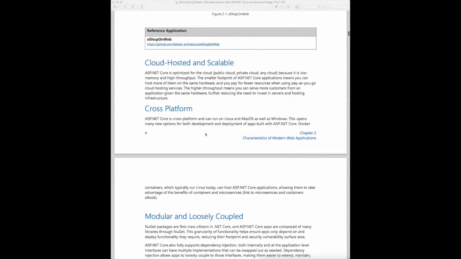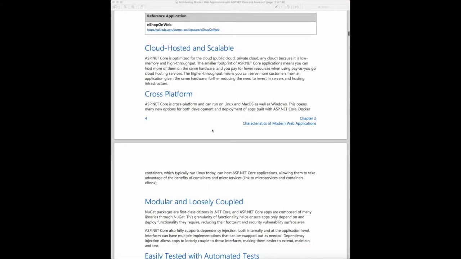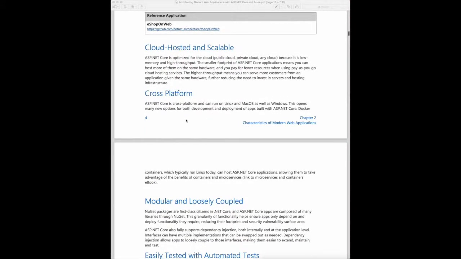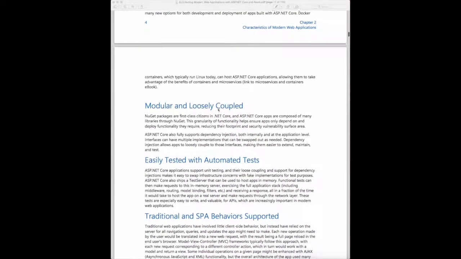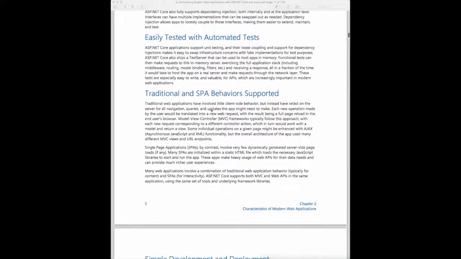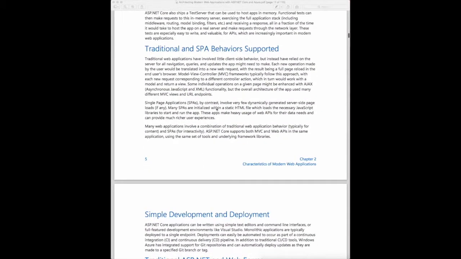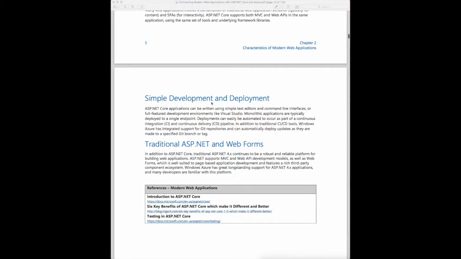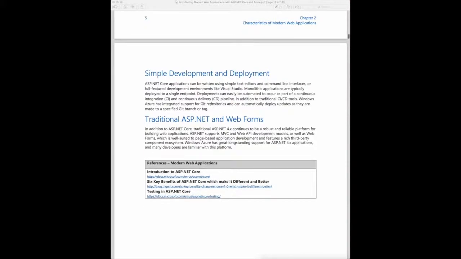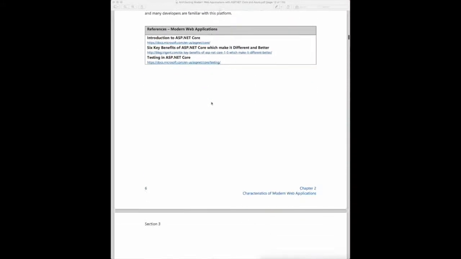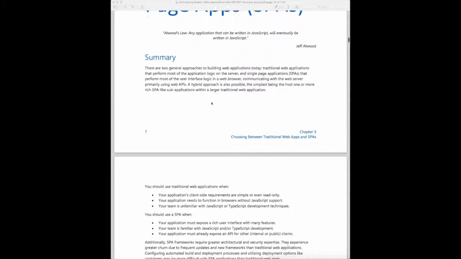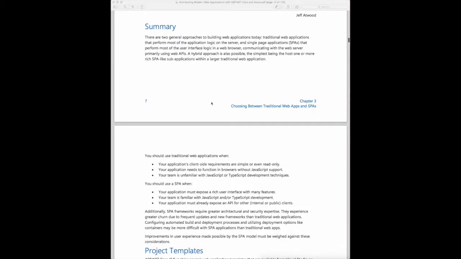Today applications need to be cross-platform. You want to run on platforms other than Windows. They should be modular and easily supported. And right now, single page applications are very popular. You don't want to spend too much time on deployment. They should be easy to deploy.